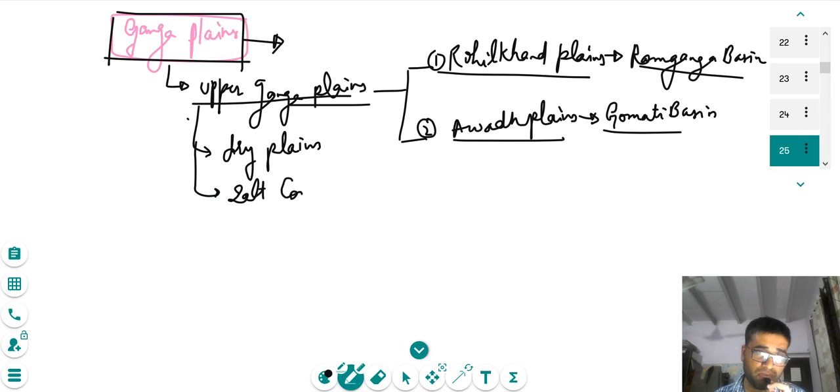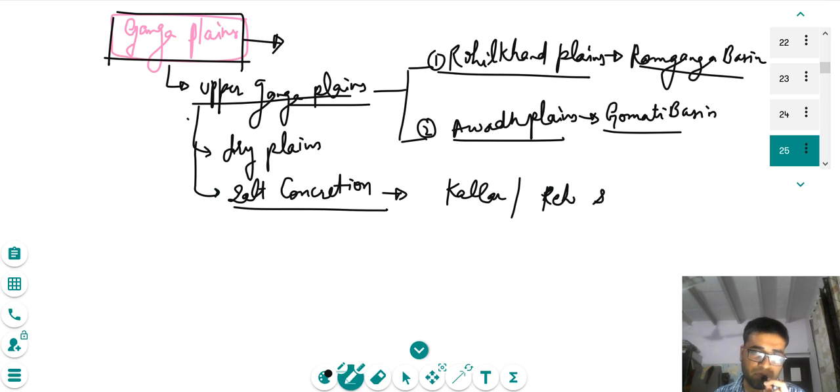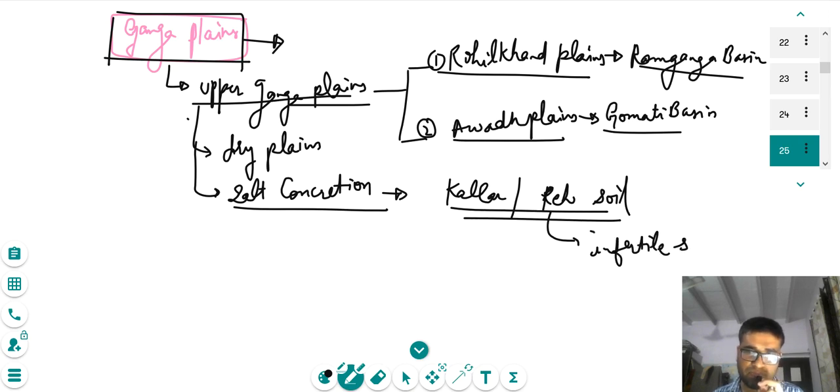Salt concretions have formed because of mismanagement of soil, leading to alkalinization, and this kind of concretion and the soil is called the kalar or reh soil, right? So this is infertile soil, cannot be cultivated, right? So this is the second part. Okay, we can write about it, right?